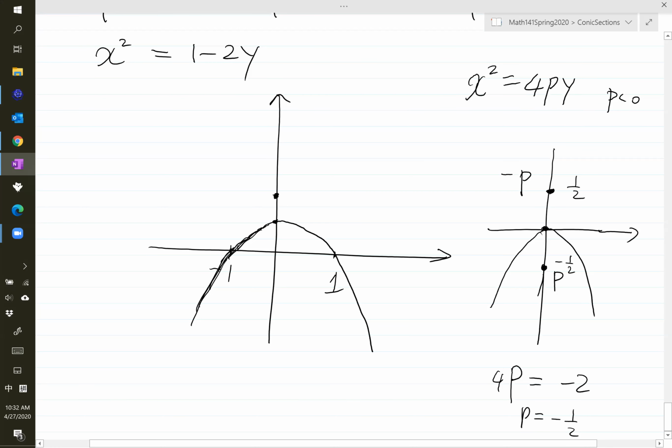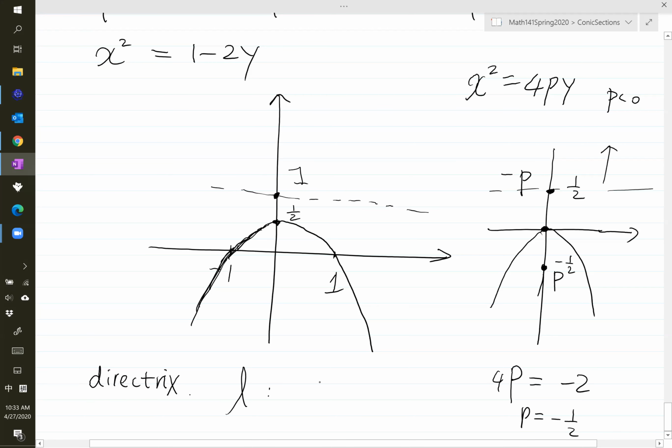So the origin O becomes this point, at 1/2 here. Translating by 1/2, the directrix also needs translating by 1/2. So what is the equation of the directrix? It was at 1/2, and then we translate by 1/2, so we get 1.